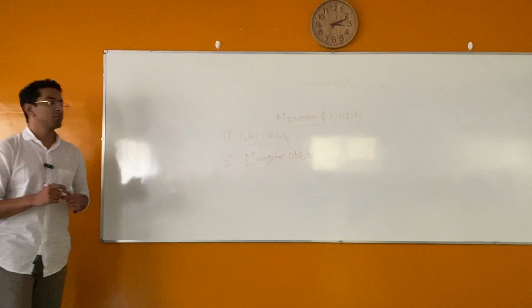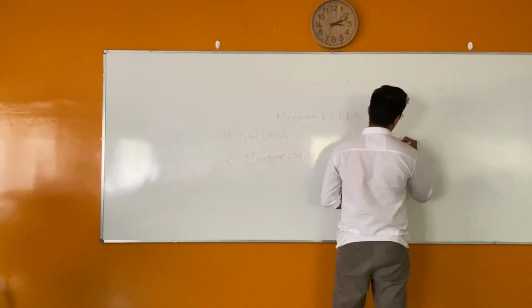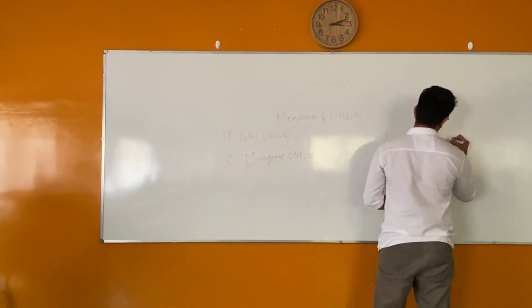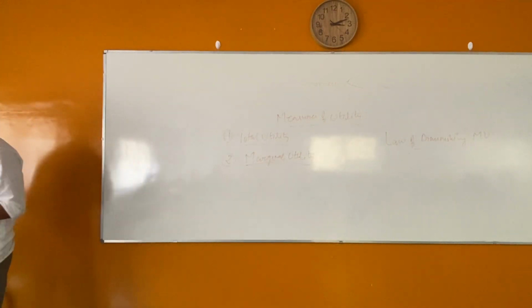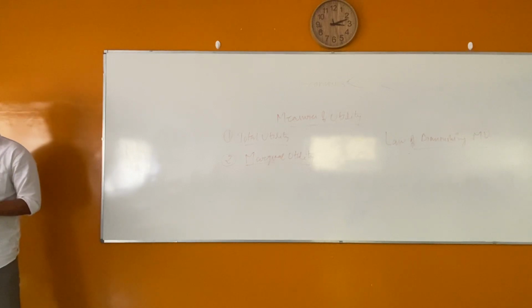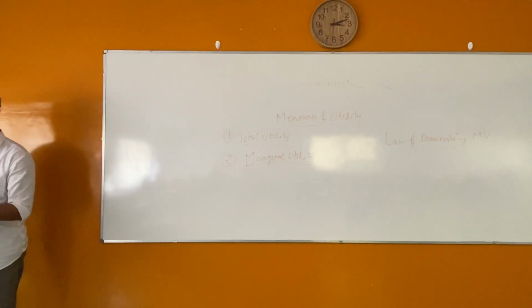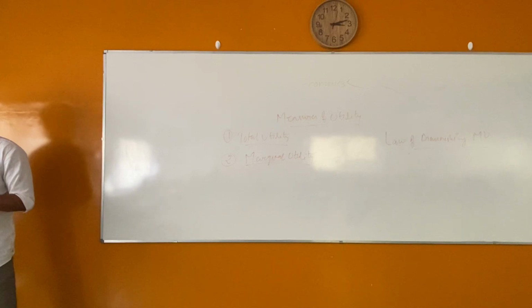Next is the law of diminishing marginal utility. It states that marginal utility from consuming each additional unit of commodity declines as its consumption increases, while keeping consumption of other commodities constant.